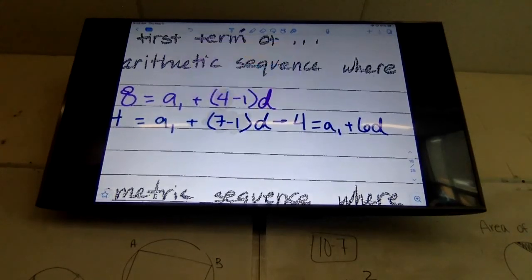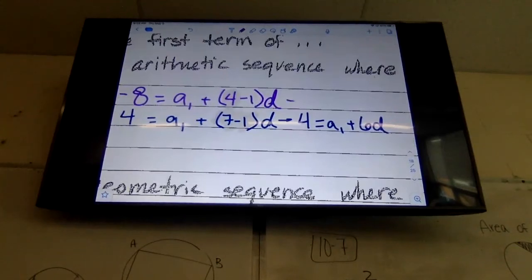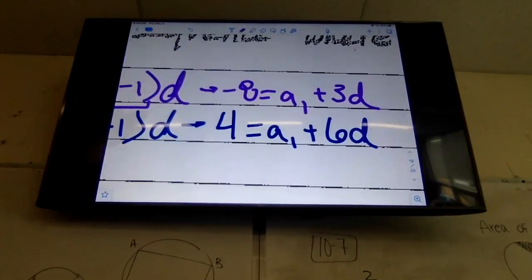Same thing in the top. I've got -8 equals a sub 1, and then what's 4 minus 1? Good, so plus 3d. Should 6d sound like 60? It does sound like 60, doesn't it? 6d, yeah. I'm not even going to say it again because it sounds too similar.